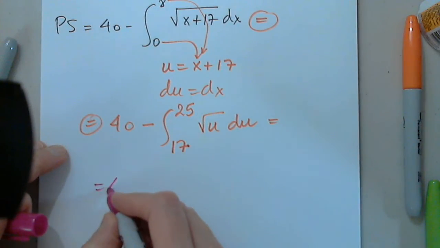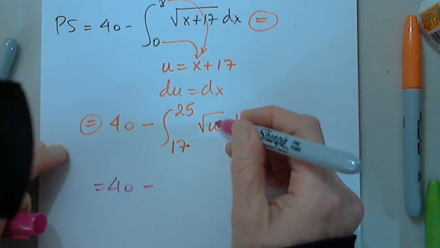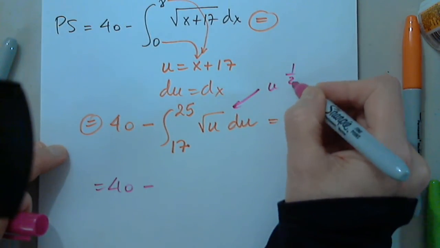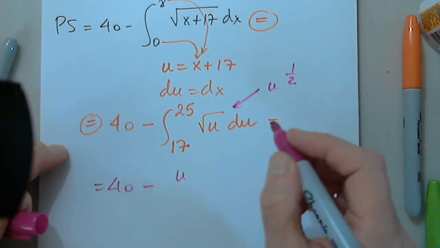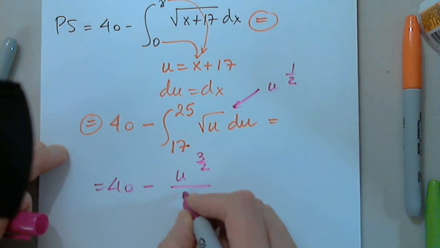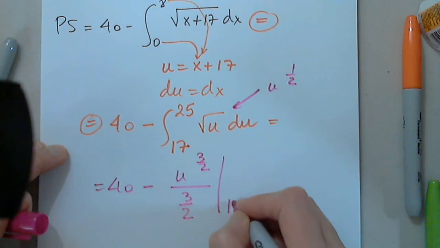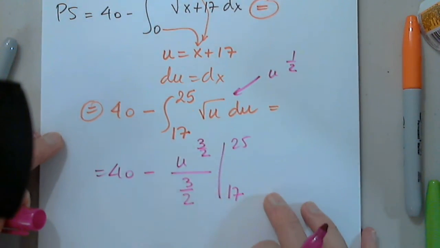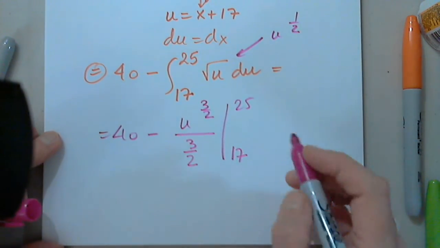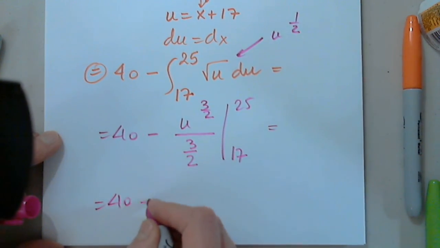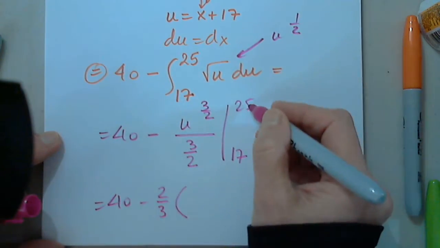Okay, so this is 40 minus. This is, remember, u to 1/2. And when I integrate that, I have u to 3/2 over 3/2 from 17 to 25. So this is 40 minus 2/3. I plug in 25.